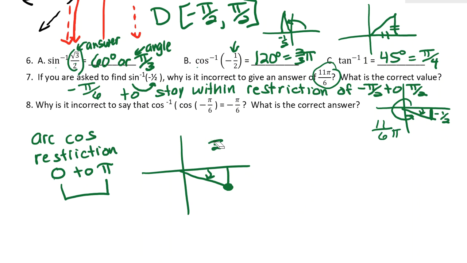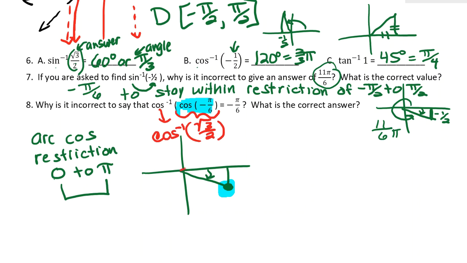I think you're not going to be following me. Let me show you with perhaps a highlighter here. I'm going to do this part first. So the cosine of negative pi over 6 right here would give us a square root of 3 over 2. And then we want to do the inverse cosine. So now what angle has a cosine of square root of 3 over 2?